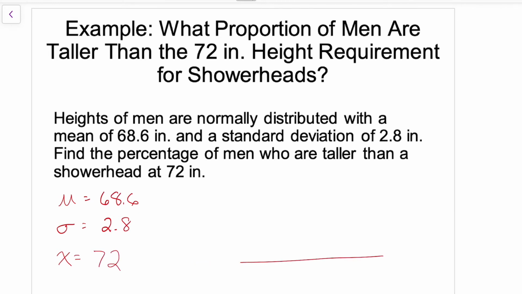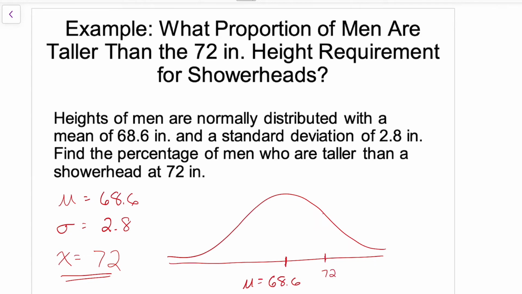Just like with the normal distributions before, we're going to create our normal distribution. Now we have a non-standard normal distribution. Our mean is still in the middle, and I want to plot our data point of x. And because 72 is larger than 68.6, I can approximate its location about right here and put it there.